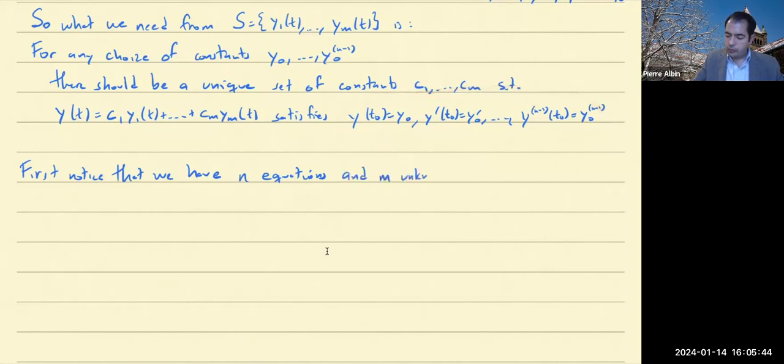And m unknowns, right? Here are our unknowns. So for uniqueness, we should have n equal to m. Okay, so let's say that we have n solutions for the nth order linear ODE.